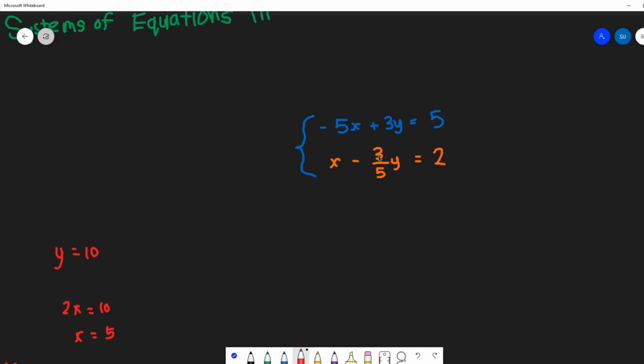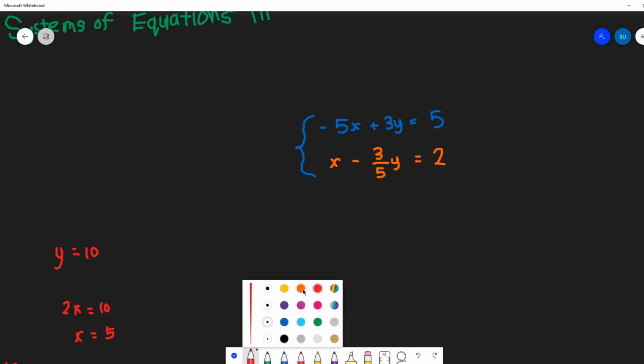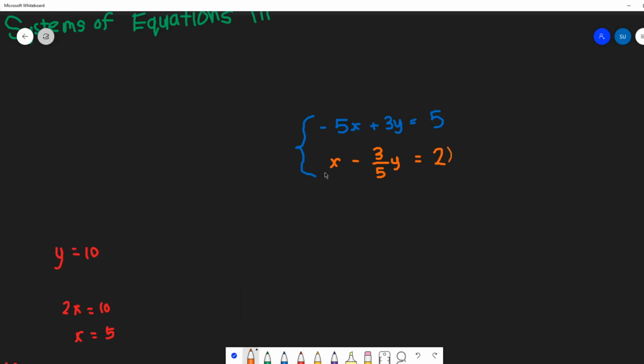I see a fraction here. I think I'm going to get rid of that by multiplying the entire equation by 5. Let me get an orange pen. Okay, so multiply this entire thing by 5, so that's going to give us 5x minus 3y equals, sorry, 10.